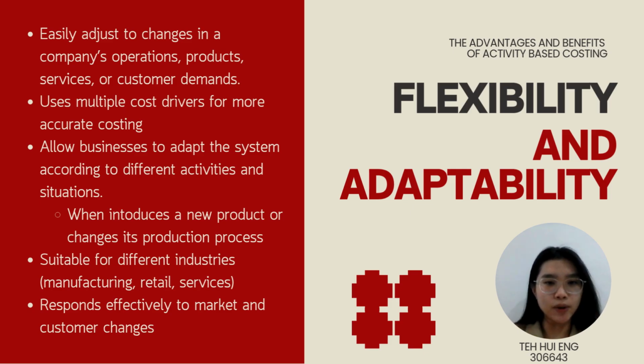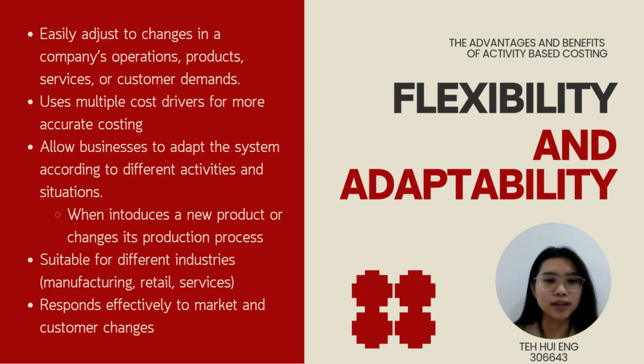Next, I will explain another advantage of activity-based costing, which is flexibility and adaptability. ABC is considered flexible because it can adjust easily when a company changes its operation, product, or service. Unlike the traditional costing method that uses only one allocation base, ABC uses multiple cost drivers, allowing the business to adapt the system according to different activities and stations. For example, if a company introduces a new product, ABC can identify the new activity involved and calculate the related cost more precisely.